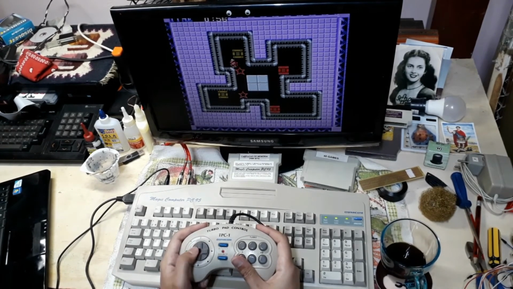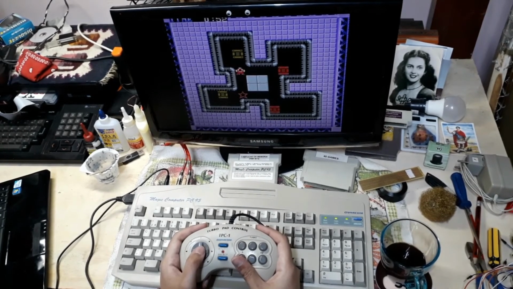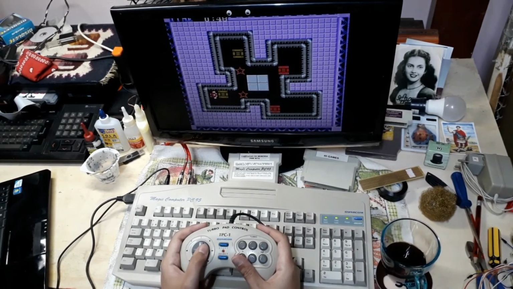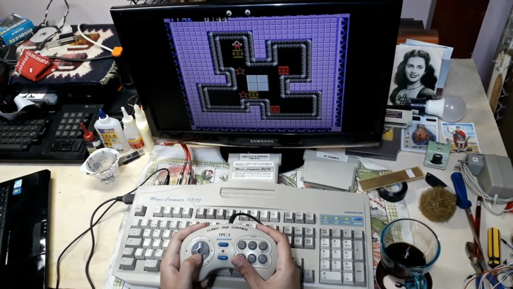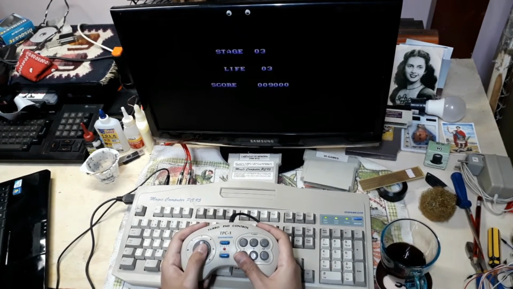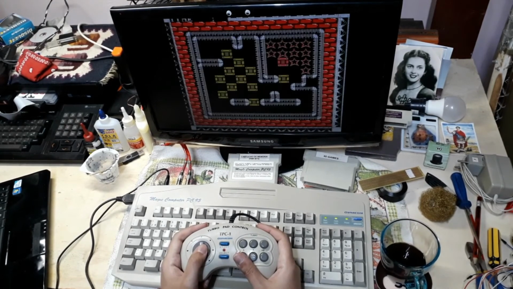Now what should I do here? I should put this box here and this box here. Now I go here, here, here, and here. There you go. Now stage 3.